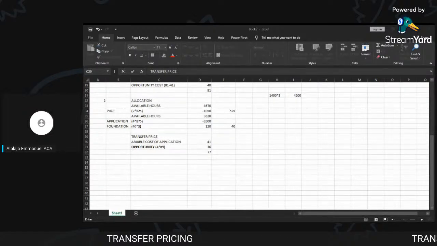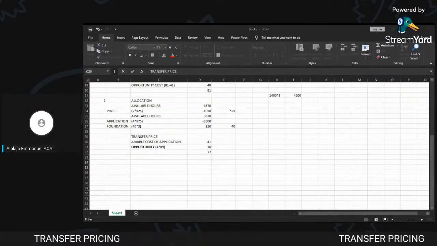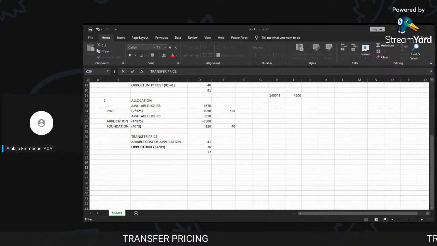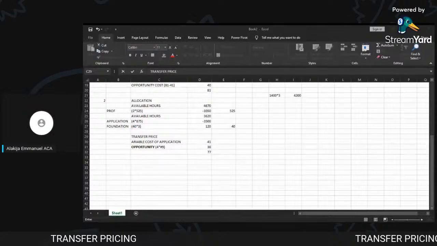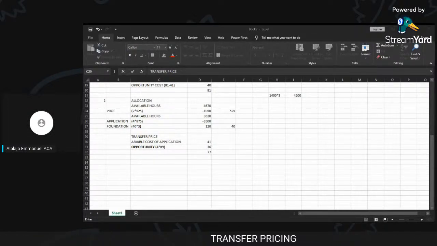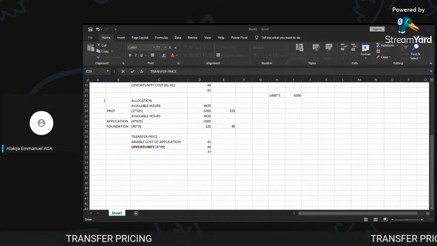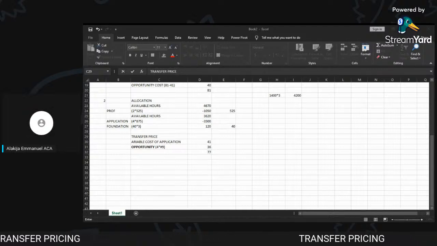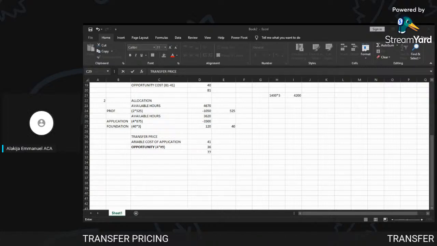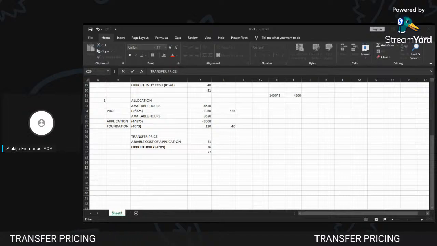And as such, the division will not be able to get the external market price they would have sold it for to an external person. So what they will be losing is the difference between the external market price and the variable cost, because they can get the variable cost from the internal division which they are transferring to.